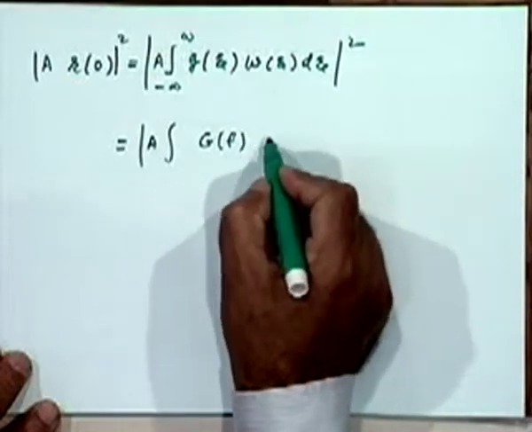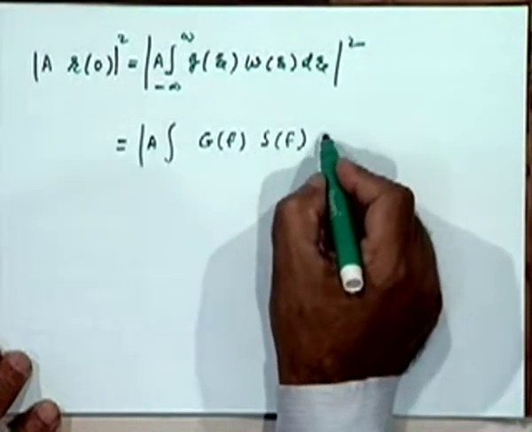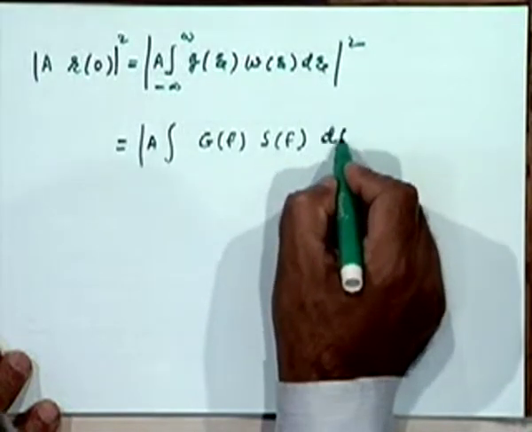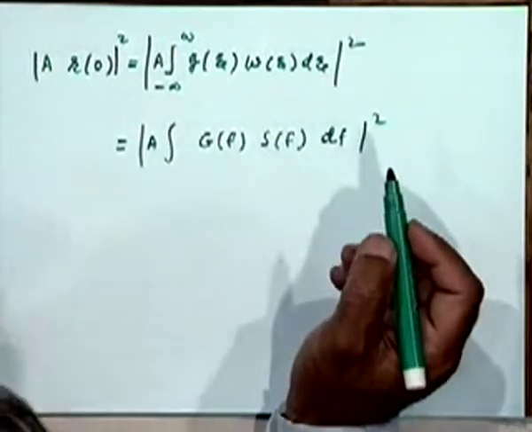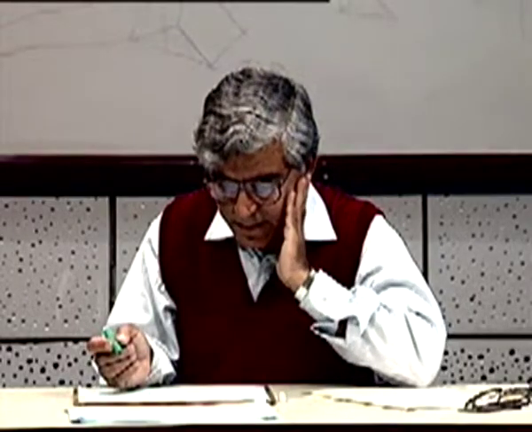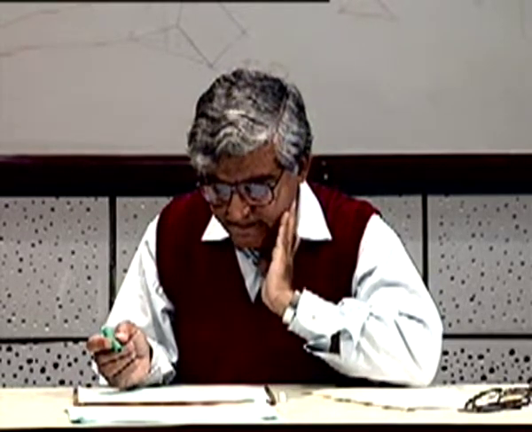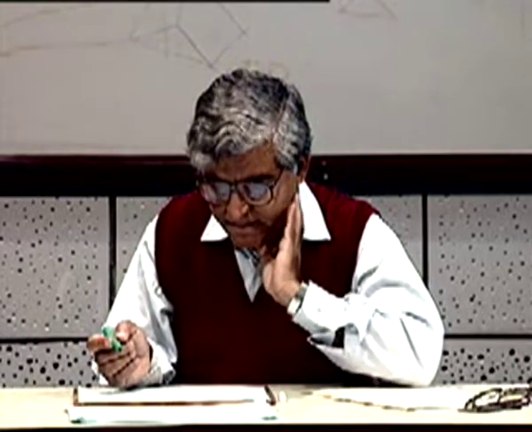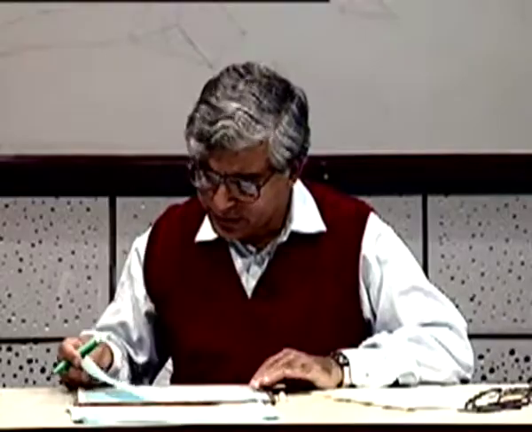Fourier transform of this into some star will come, G(f) convolved with S star(f), whole divided by S, integral. Oh, okay.